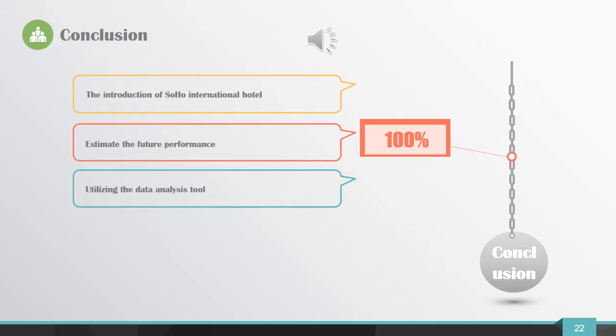The report finally got the analysis results about future penetration rate, occupancy rate, ADR, and revenue per available room. From the competitors' data of the last year, the Soho International Hotel's penetration rate will be between 95% and 107%.